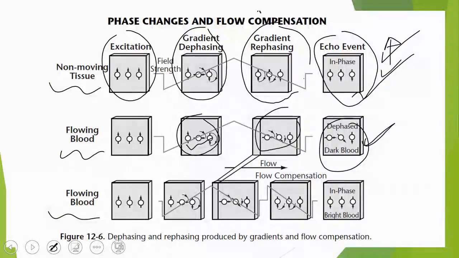This way, when you apply this gradient, which is referred to as the flow compensation gradient, it will ensure that all the protons present are in phase. The protons present all exhibit a phase shift. This technique relies on the velocity of the protons present in the regions.